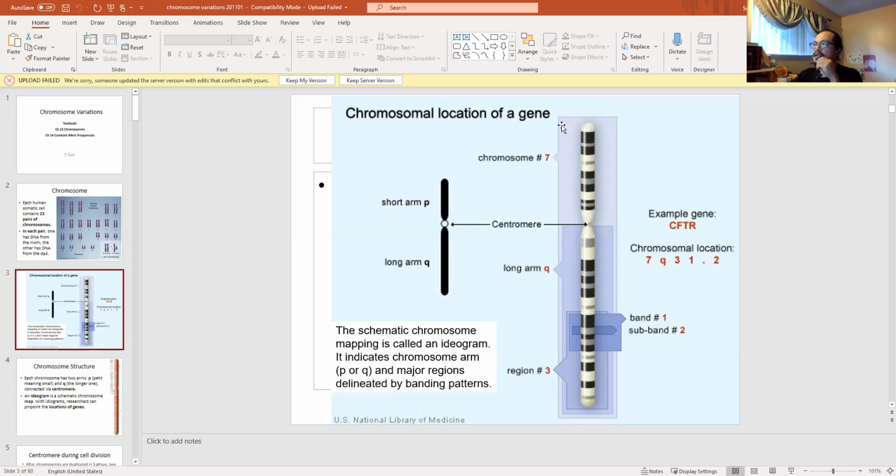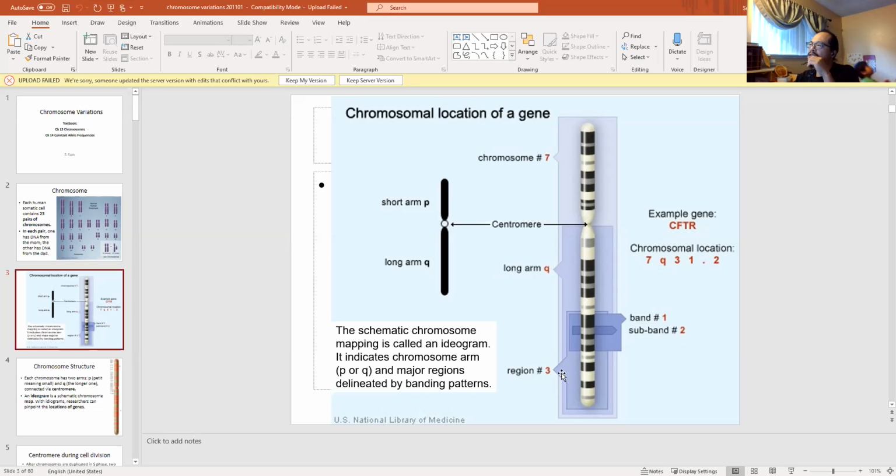So here is chromosome 7, and we can have P and Q, and the Q will first separate into different larger bands. So we can have band 1 here, and then, sorry, what's that?